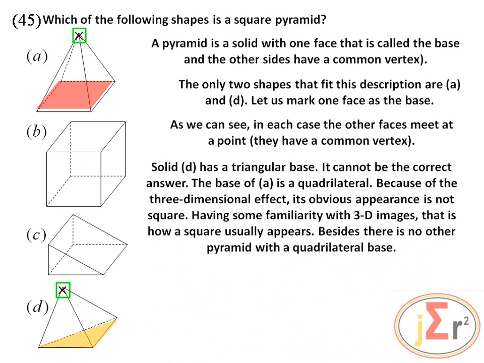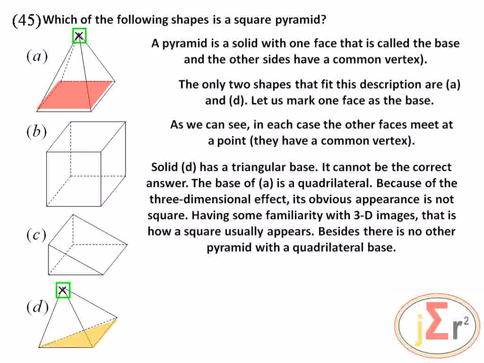The base of A is a quadrilateral. Because of the three-dimensional effect, its obvious appearance is not square. Having some familiarity with 3D images, that is how a square usually appears. Besides, there is no other pyramid with a quadrilateral base.